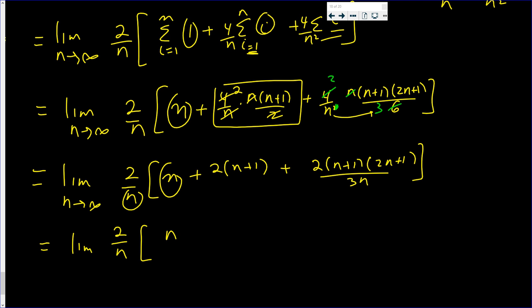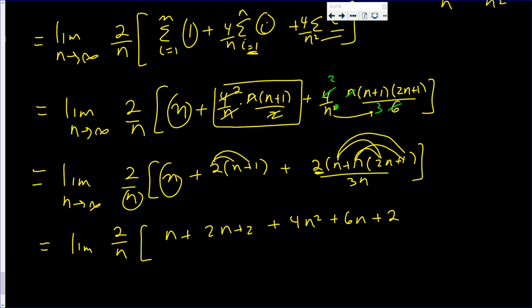You have n plus 2n plus 2, plus n squared, 2n squared times the 2 in front, that's going to be 4n squared, plus n, plus another 2n, that's 3n, times the 2 in front, that's 6n, and then finally 1 times 1 is 1, times the 2 in the front. And all of this is over 3n.